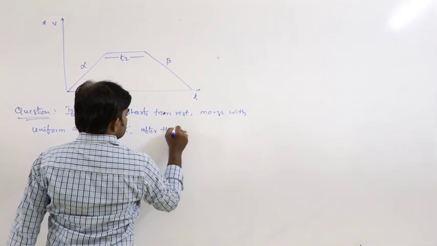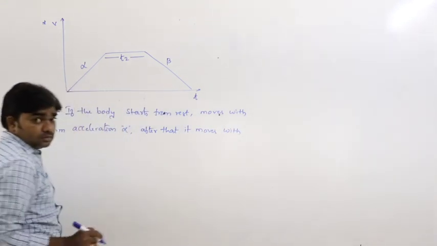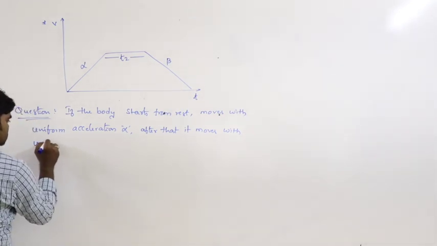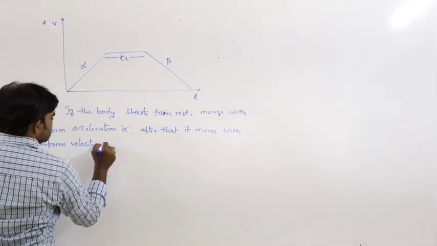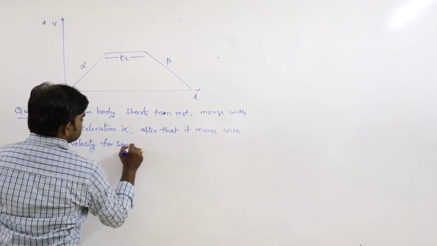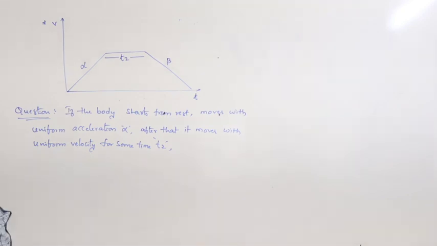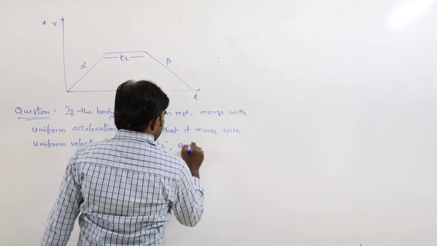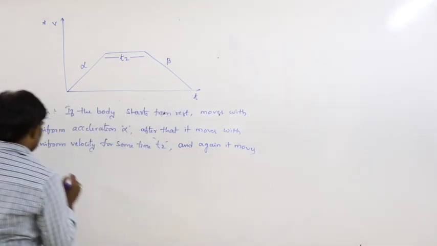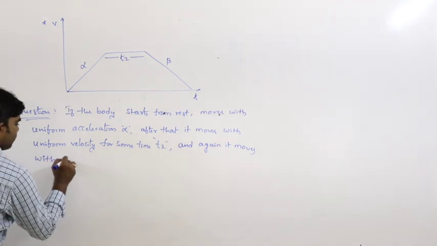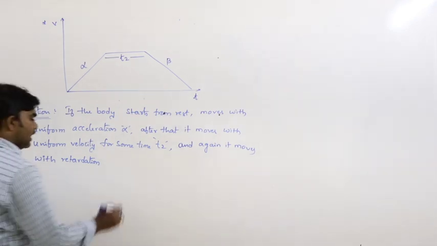After that it moves with uniform velocity for some time t2, and again it moves with retardation, and finally comes to rest.